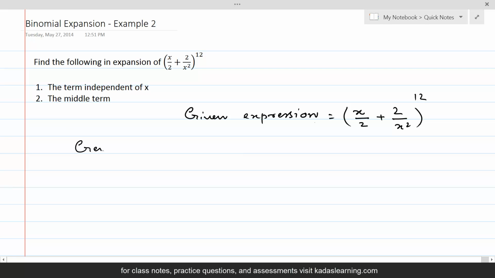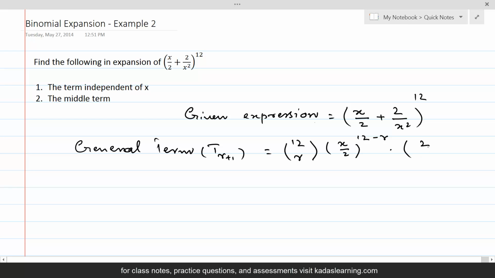The general term T(r+1) is 12Cr times the first term of the expression, x/2, with power index minus r, that is 12 minus r, times the second term, 2/x², to the power r.